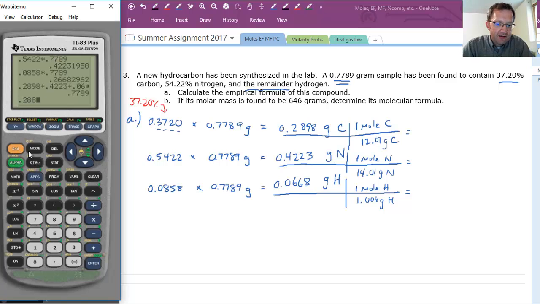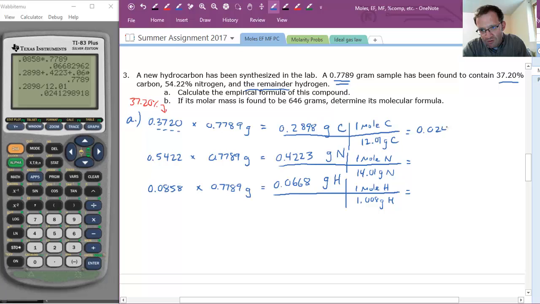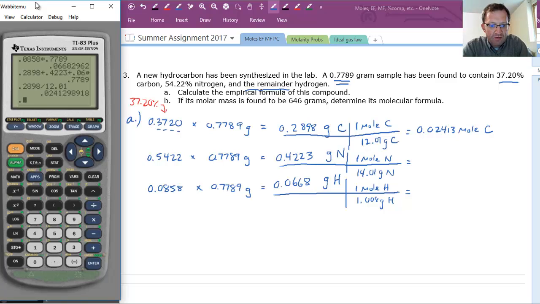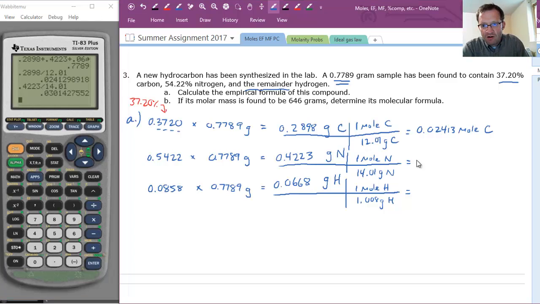0.2898 divided by 12.01 is 0.02413 moles. Okay, for my nitrogen, I've got 0.4223, and that gives me 0.03014 moles of nitrogen.